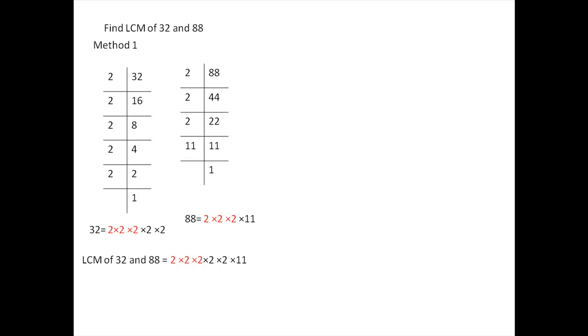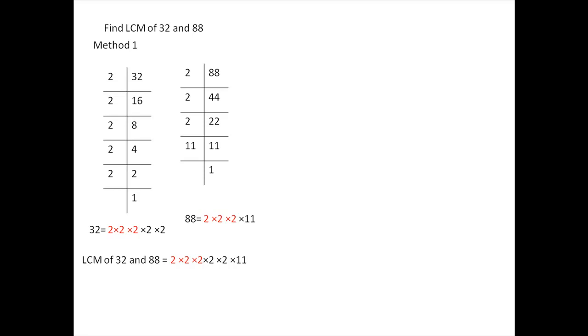I have written the 2's from both numbers in a single form. We take these red 2's only once; we don't write them twice. If we have common numbers, we write them one time.